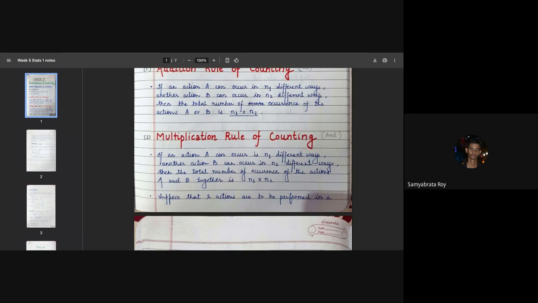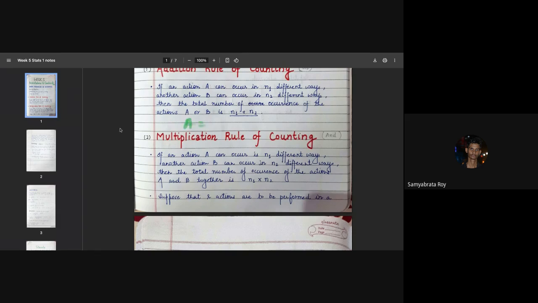So in this kind of scenario, I can imagine it as a function or maybe a set, where A is a set of n1 entities, and the elements are the possible ways in which the event could occur.